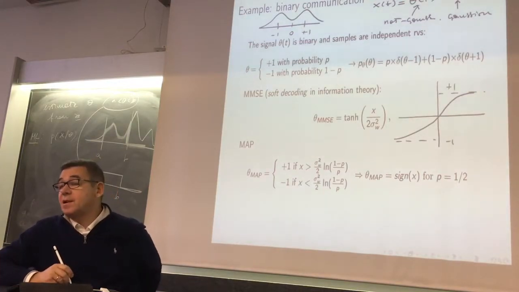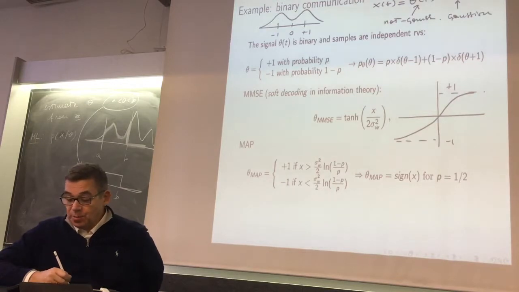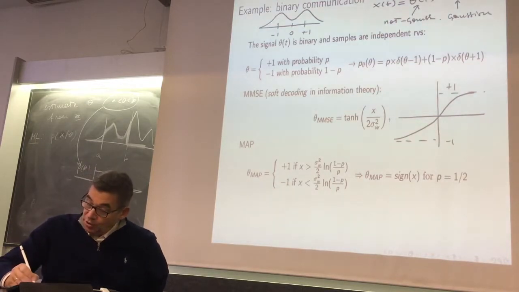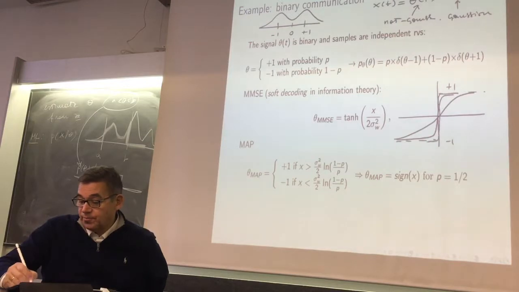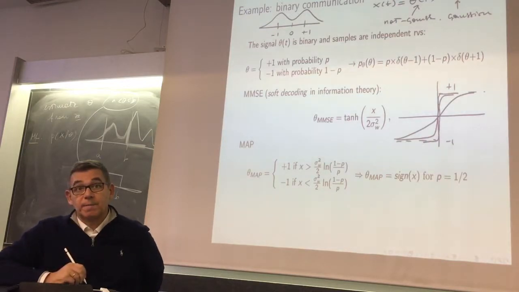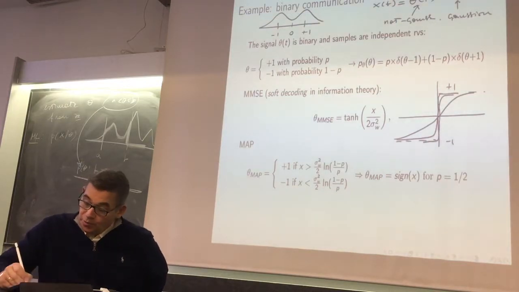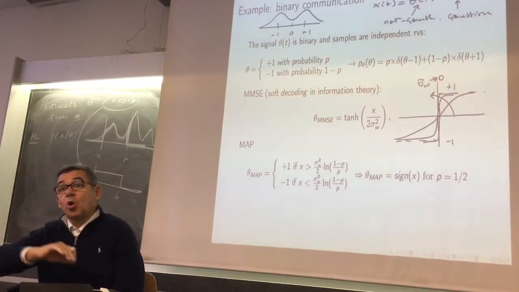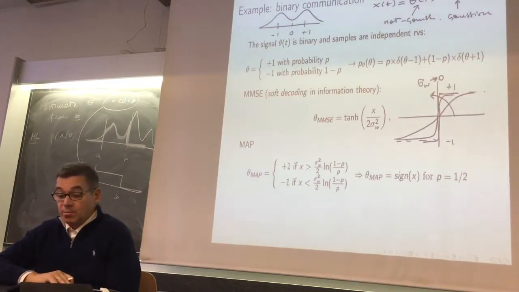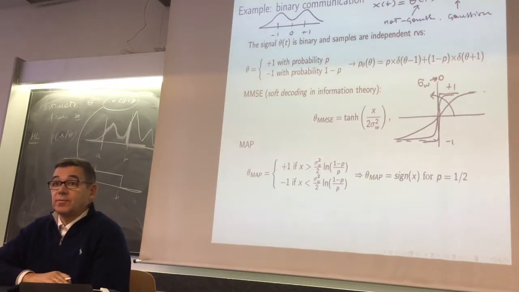And if sigma w, which is the power of the noise, is going to 0, this behavior is getting close to a sign function. Okay? So for sigma w going to 0, this smooth, non-linear estimator becomes a sign.